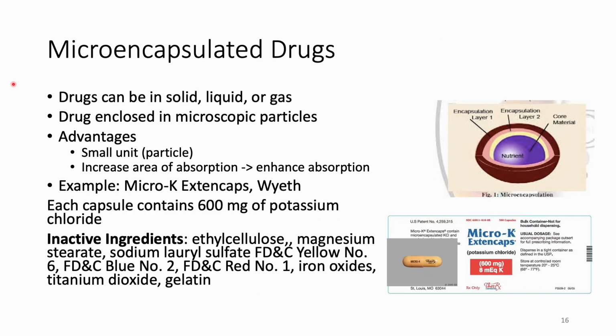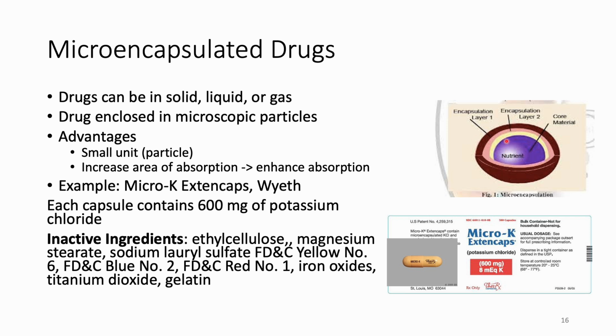The next technology of extended release is microencapsulated drugs. In this technology, the drugs can be solid, liquid, or gas. The drug will be enclosed in a microscopic particle. For example, this is an example of a microscopic particle. The drug is in the center, and it is encapsulated by different materials or layers outside.